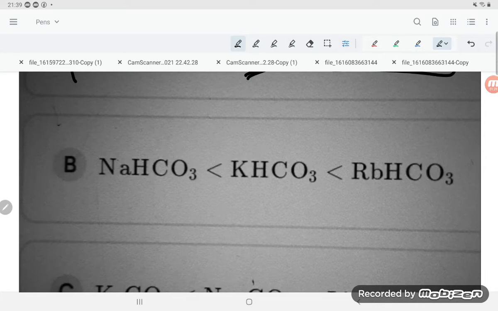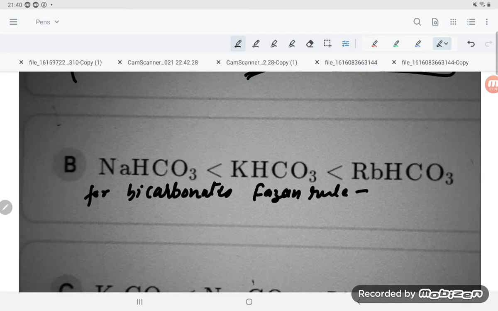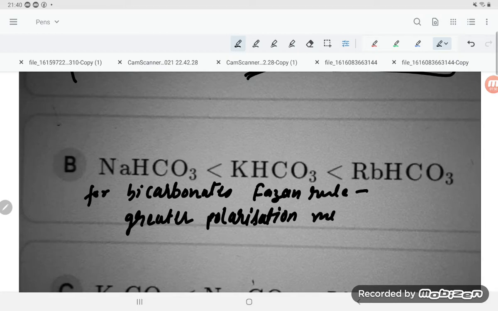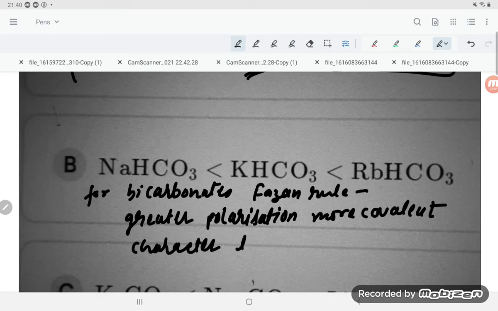Second, for this one: RbHCO3, KHCO3, NaHCO3. For bicarbonates, what rule do you apply, students? You apply Fajan's rule. What does Fajan's rule say? Greater polarization means more covalent character, and more covalent character means lesser solubility in water, a polar solvent.